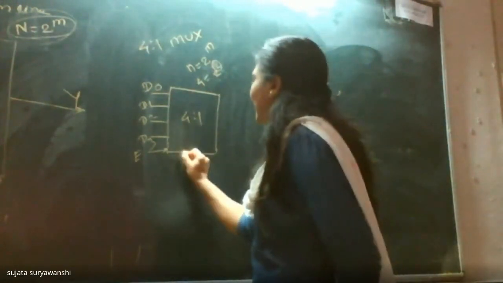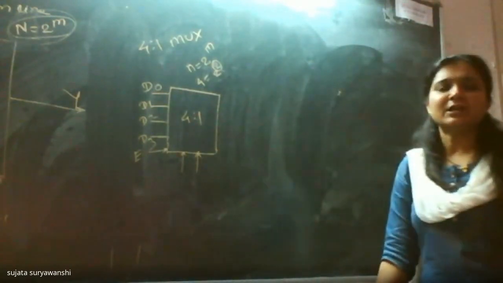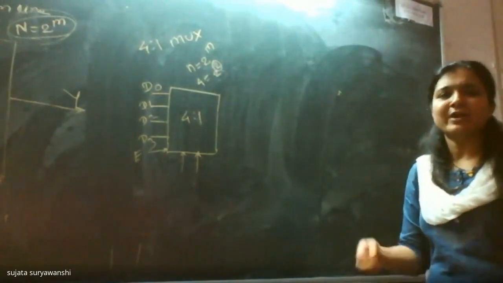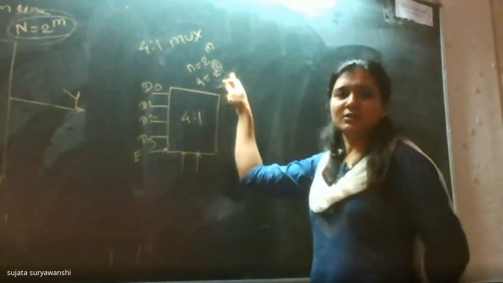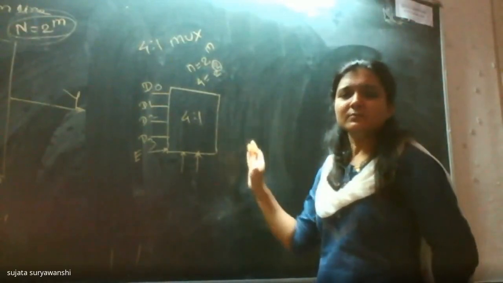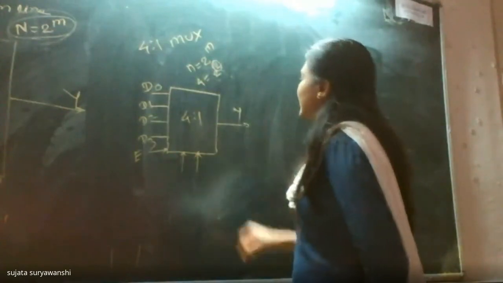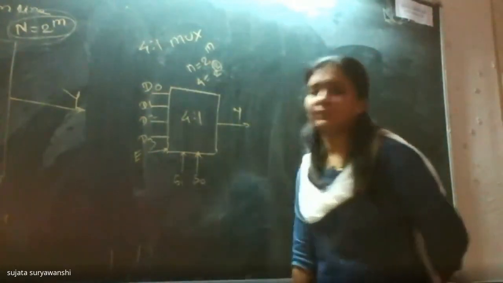So you can easily find out how many selection lines there will be for any multiplexer, either 2:1, 4:1, 16:1 or any other. With the help of this equation you will know how many selection lines there will be, and the output will be only a single Y. And here S1, S0.